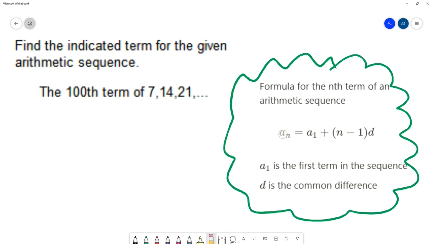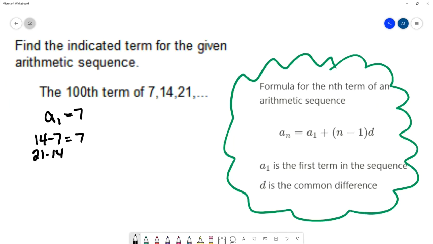Well, the formula for the nth term is a sub n equals a sub 1, that's the first term of the sequence, plus n minus 1 times d, where d is the common difference. So we do know that the first term of the sequence is 7, and if we take the difference of consecutive terms, 14 minus 7 would give me 7.